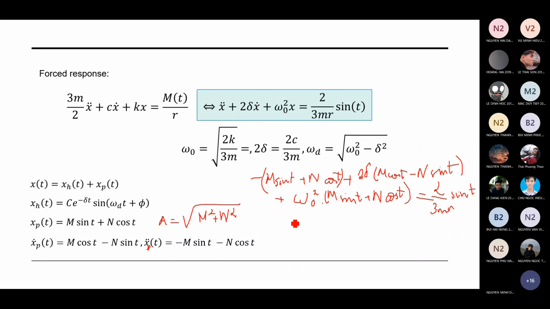This one. And then you will have the first one with the sine t.